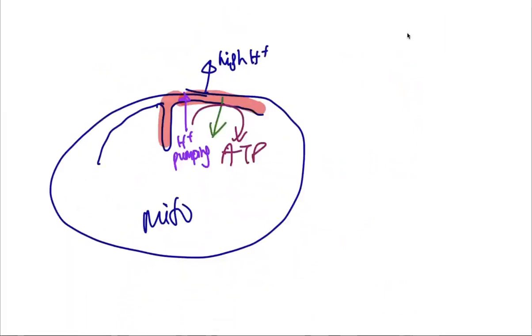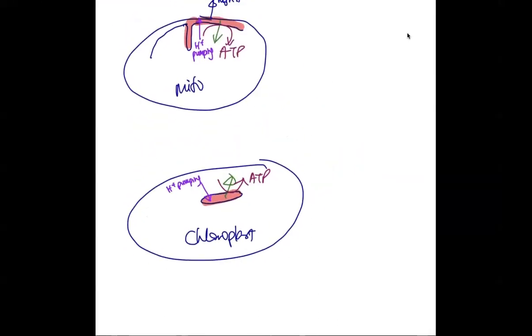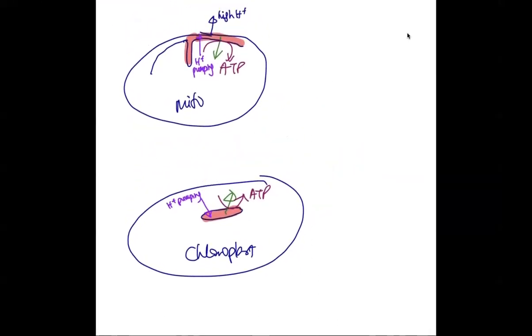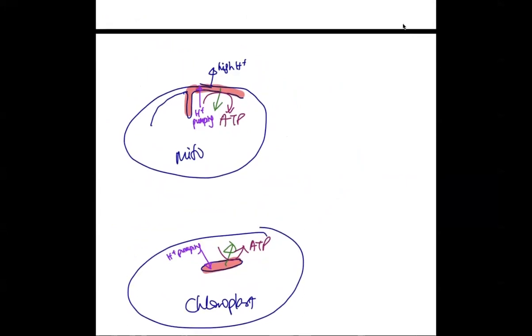Whereas in the chloroplast, it is pumping hydrogen ion from the stroma into the granum, or the thylakoid space. Then as it diffuses back out of the thylakoid into the stroma, the energy released is used to create ATP. I just want you to see that anatomically the configurations are different for the chloroplast and the mitochondria.